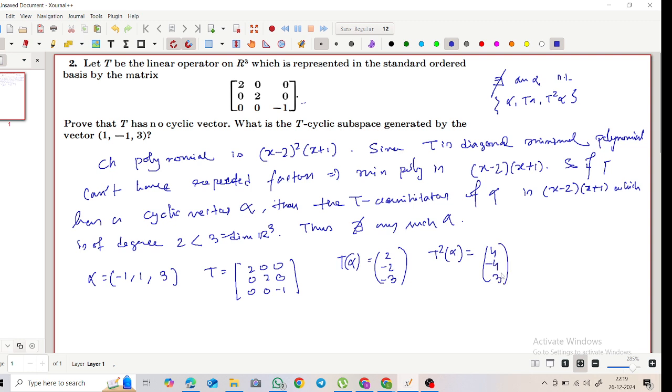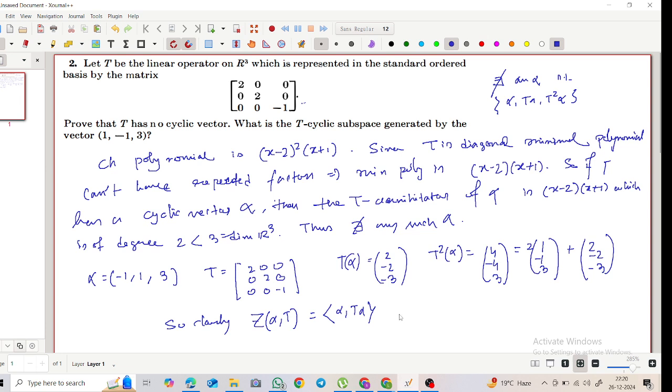Okay. And see that this is nothing but (2, minus 1, 3) plus (2, minus 2, minus 3). So clearly T square alpha is linearly dependent on these two, alpha and T alpha. So Z(alpha; T) is spanned by alpha and T alpha. Okay.